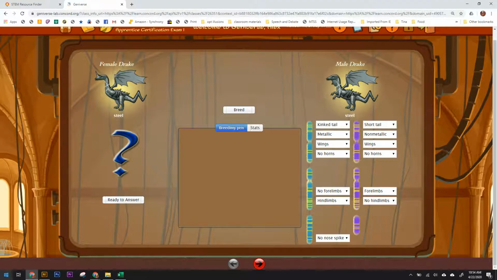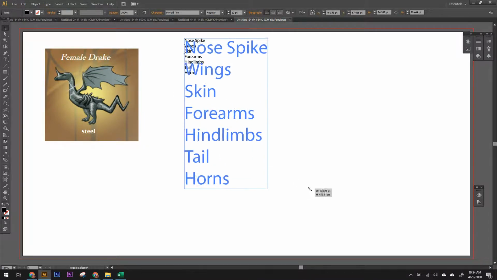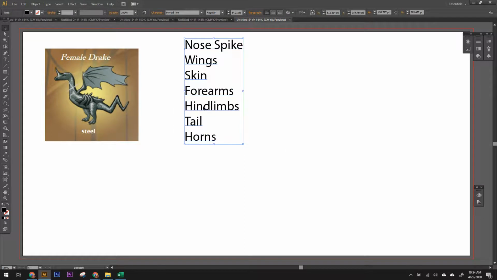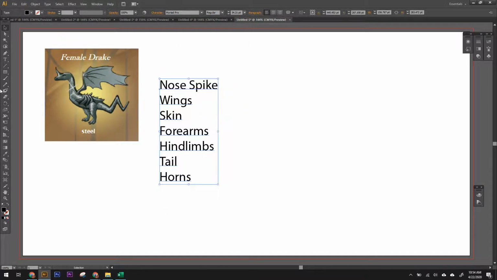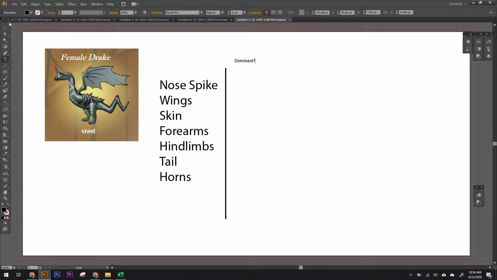Okay, so maybe we ought to get a list down of what the dominant trait is as well. I'm gonna make a little data table here. So for each of these traits, what is dominant?